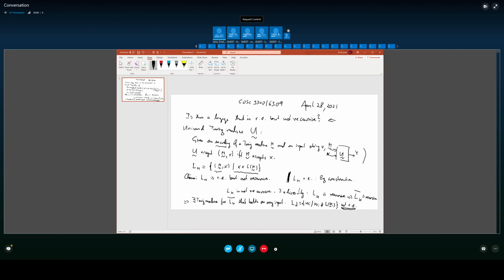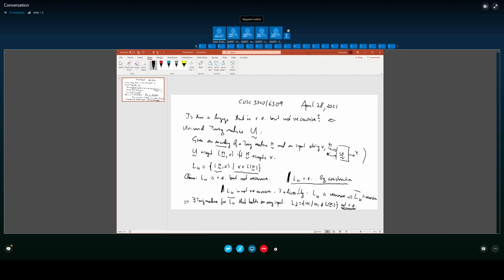So if L sub U complement, which is essentially L sub D, is not RE, it follows that L sub U is RE, which we've shown already, but not recursive.